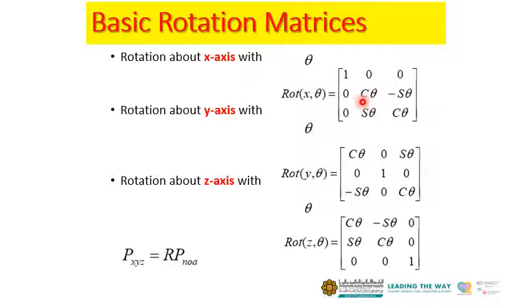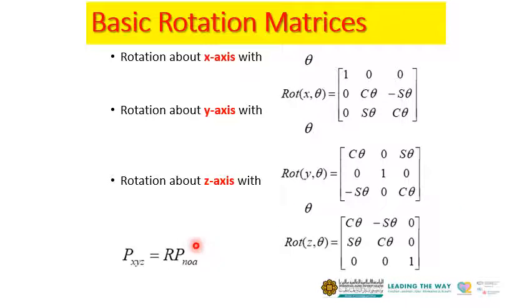So c theta stands for cos theta, s theta stands for sine theta. If you do the same for the y and z axes, you can do the same derivation and you will get different rotation matrices. So these are the three rotation matrices formed with respect to x, y, and z. So this is the theta angle that you have rotated.